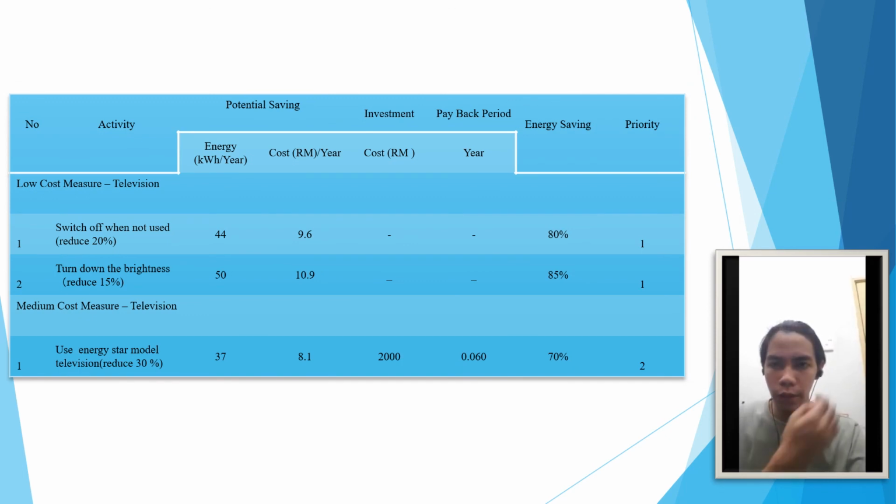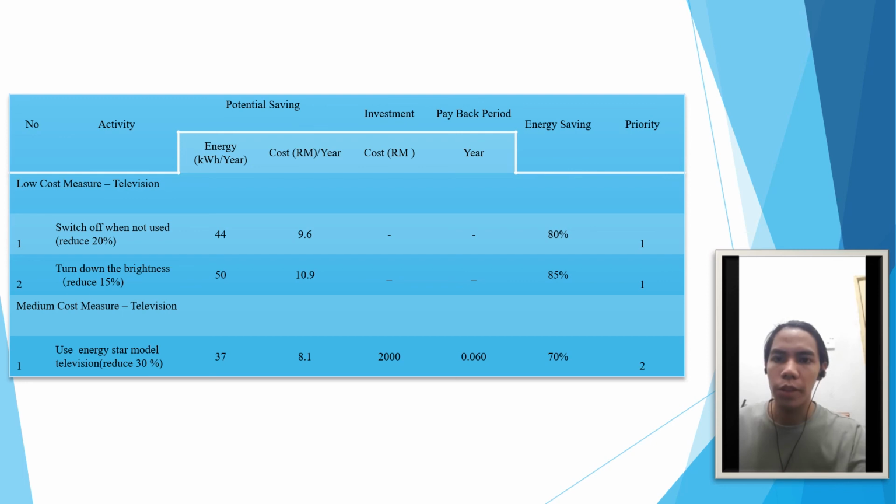It will reduce 20% of energy, that is 44 kilowatt hour and it will cost 9.6 cents. The second one is to turn down the brightness. It will reduce 50% of energy, that is 50 kilowatt hour and it will cost RM 10.9.